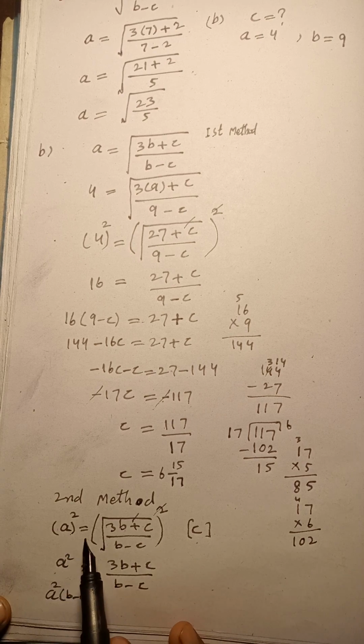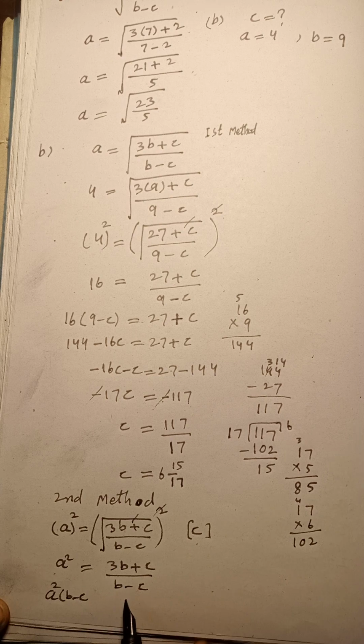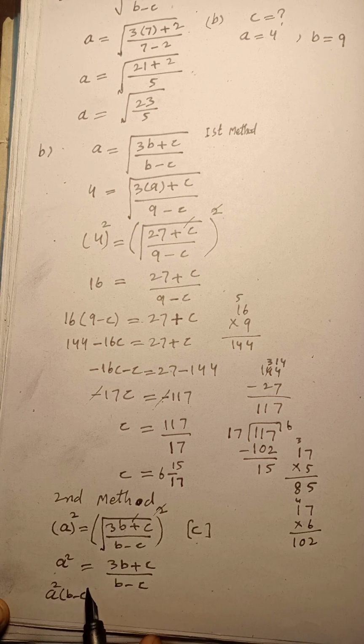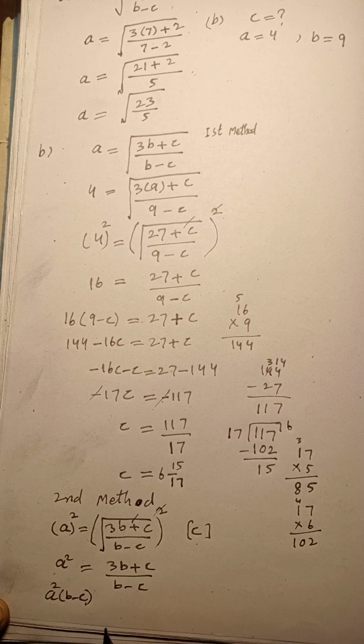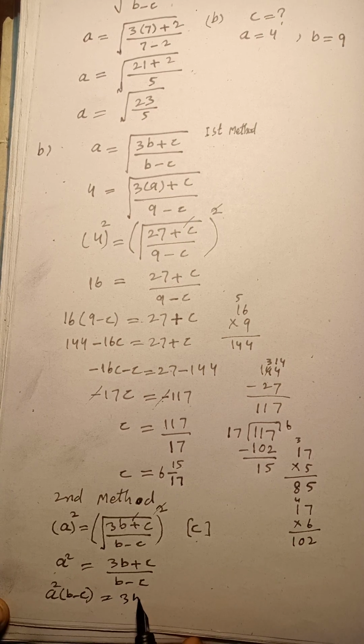I have taken the square on both sides, and after taking the square, this is the answer. Now I have taken b minus c to the other side, so it has become b minus c multiplied by a square, and here only 3b plus c remains.